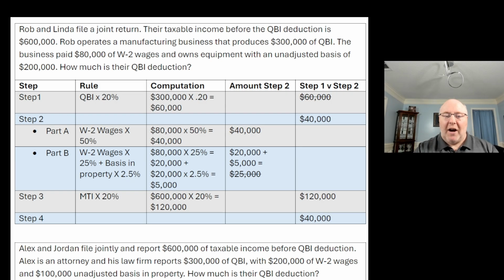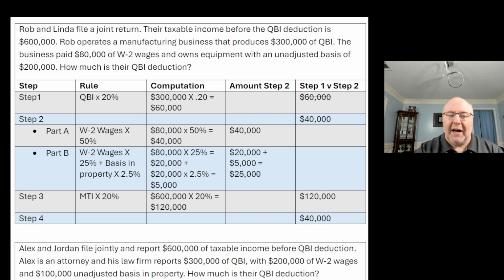Our step now is to consider Part A versus Part B, and we take the greater of the two. So we cross out the 25,000. We're going to go with Part A, which is 40,000, because that's greater than the 25,000, which was 25% of W-2 wages plus 2.5% of our unadjusted basis in property.